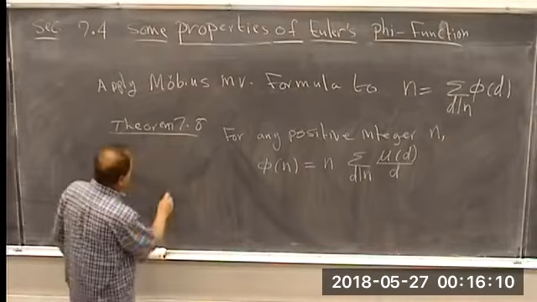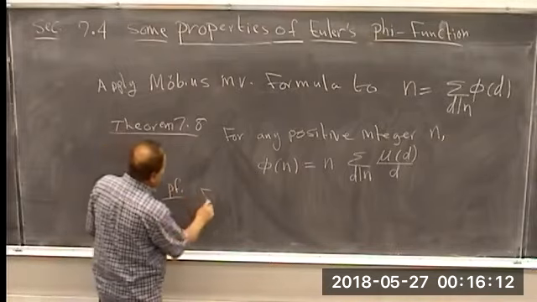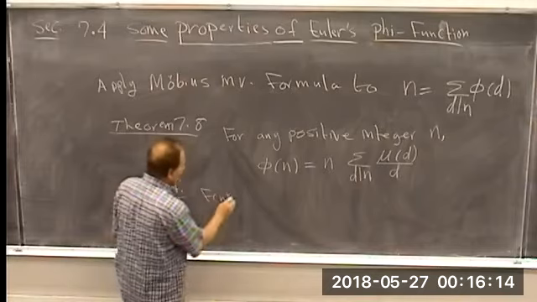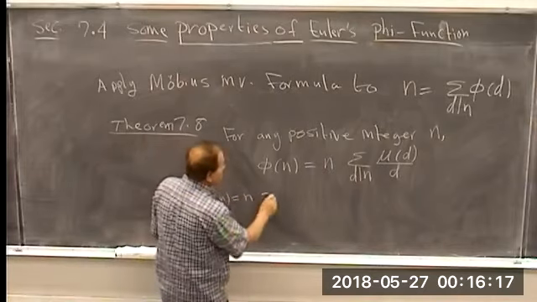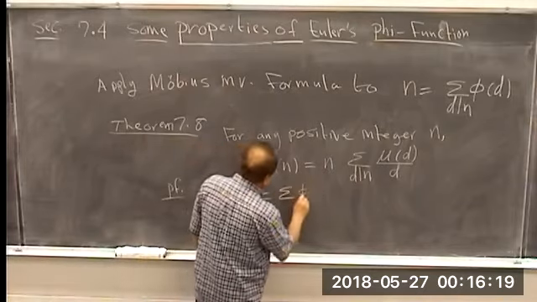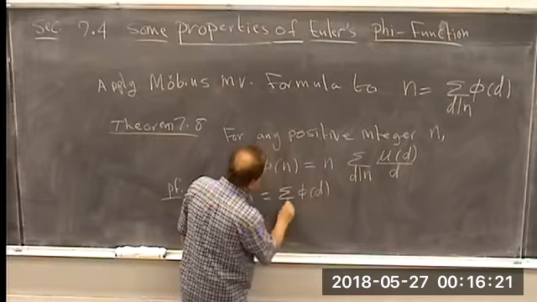So we have f(n) equal to n, and this is equal to the sum of p(d) over d dividing n.